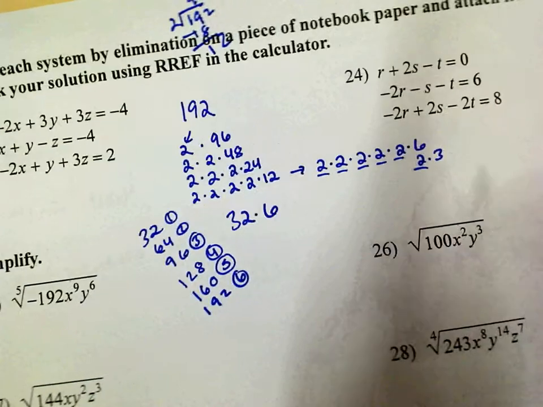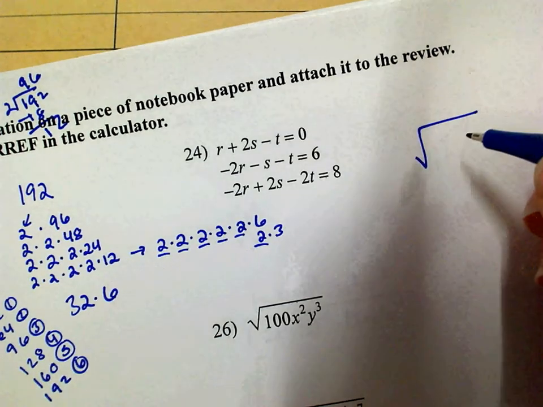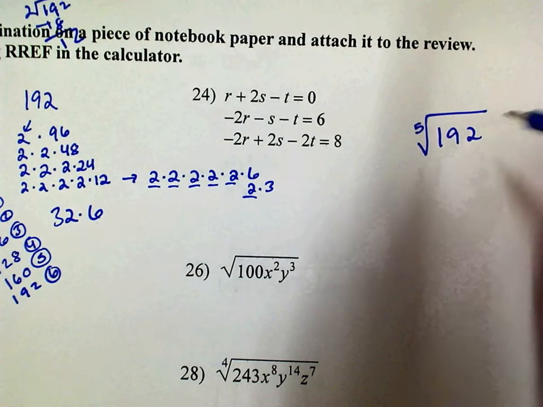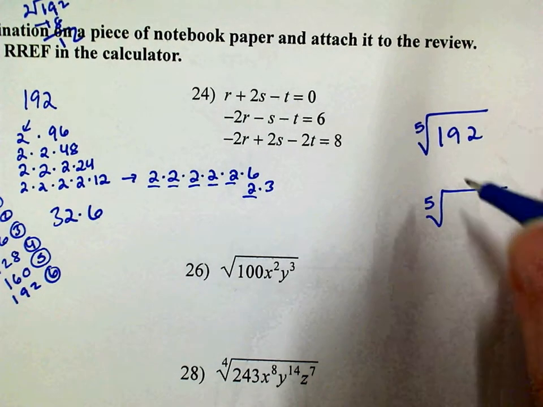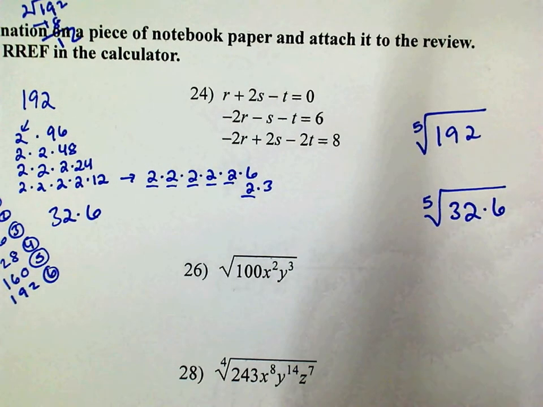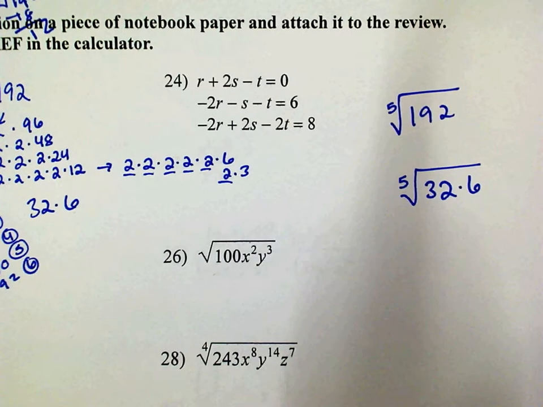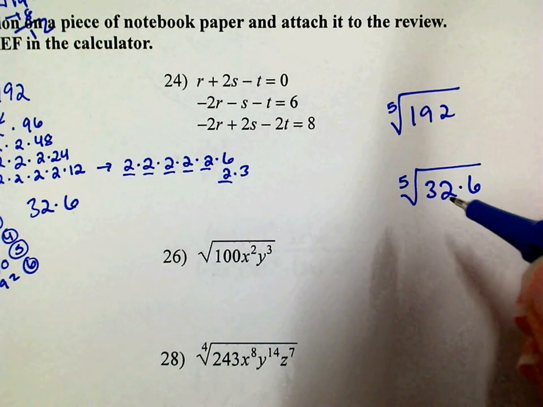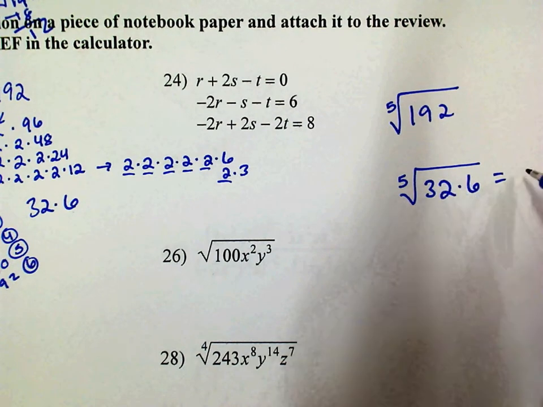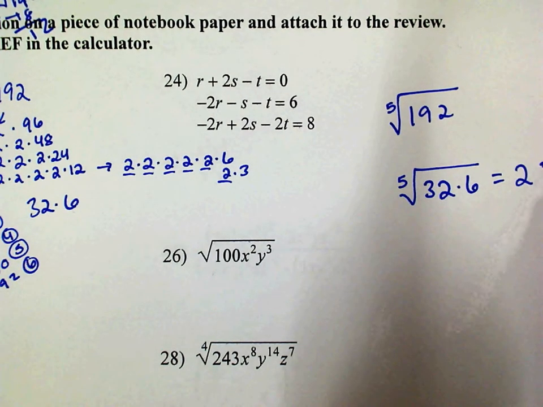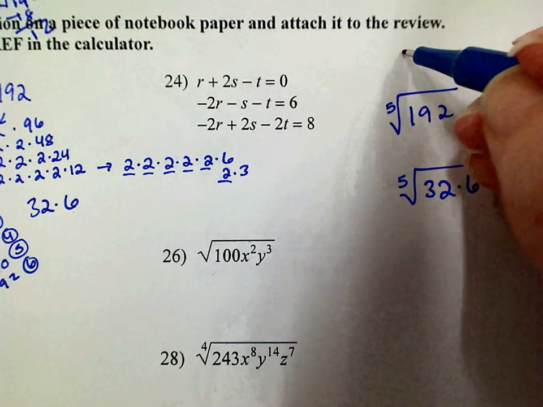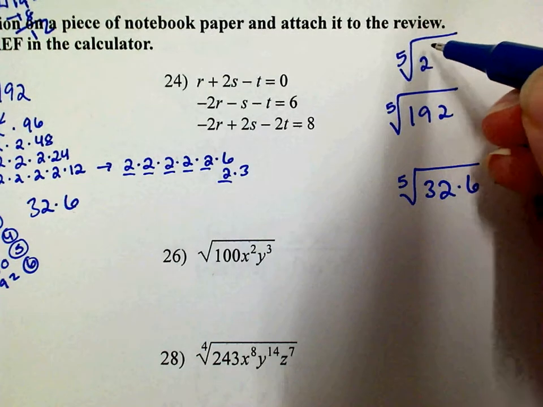Over here, I'm just going to do an exploration, fifth root of 192. I can either think of 192 as 32 times 6, because I worked it out and figured out that the only fifth power that goes into it is 32. And the fifth root of 32 is 2, so 2 comes on the outside and 6 stays on the inside. The other option is I think of it as the fifth root of 2 to the 6th times 3.